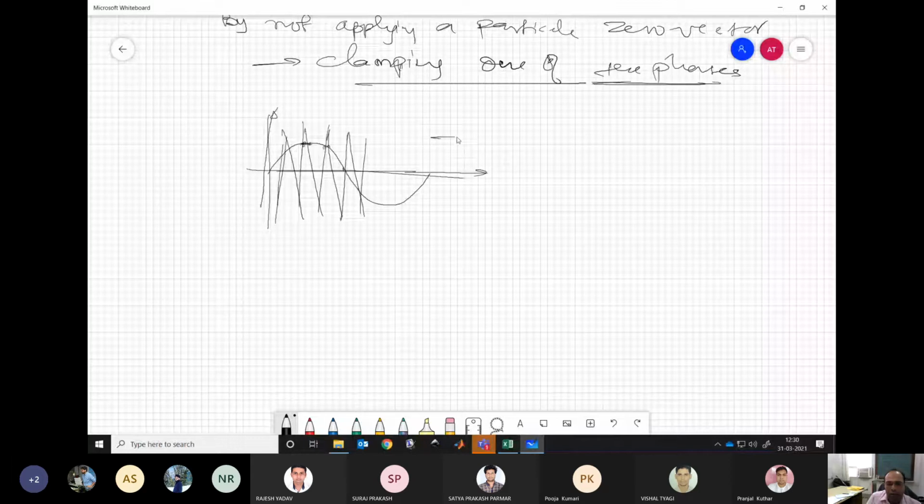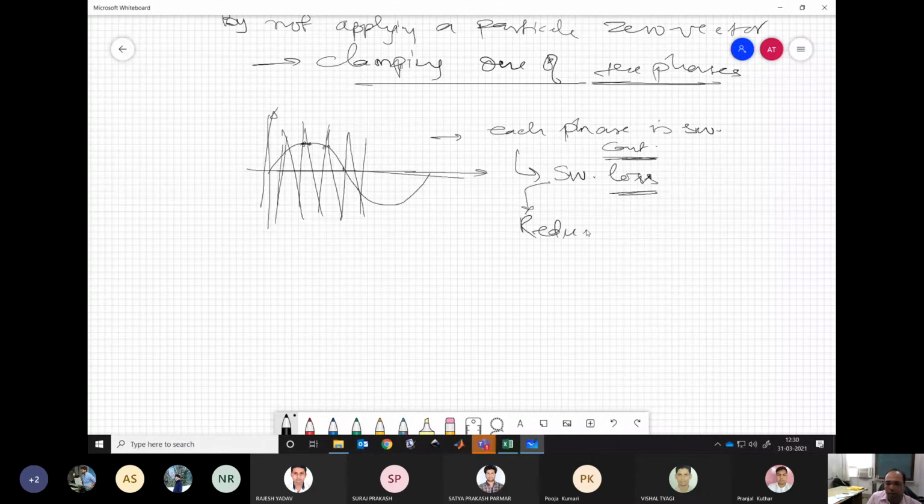So each phase is switching continuously. With every switching, there is some switching loss associated with that. To reduce switching loss, what can we do? We can reduce the number of switchings. Getting my point?